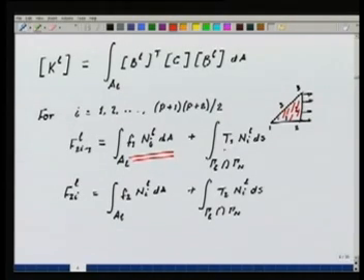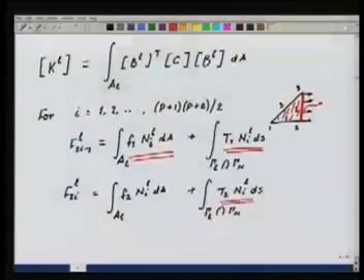While this quantity and this quantity are integrals obtained over the edge of the element. Edge is a line. So this is a one-dimensional integration. So in order to do this integration, we have to transform this edge to the -1 to +1 edge, okay, and then do the integral over there.